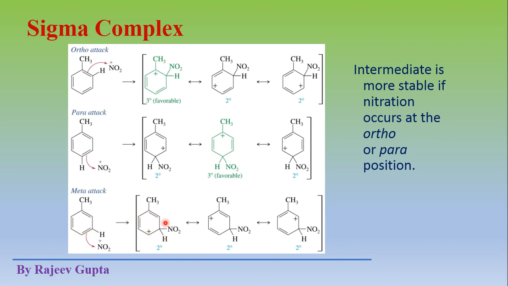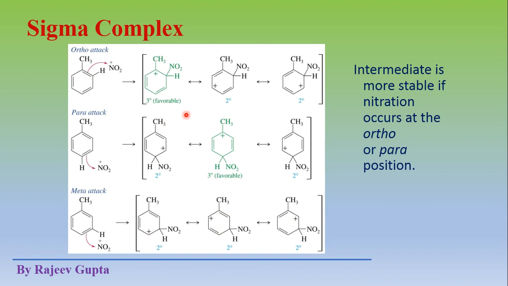Now due to this electron movement we can show these two resonating structures, total three resonating structures, where this positive charge is present at the para position and at the ortho position.